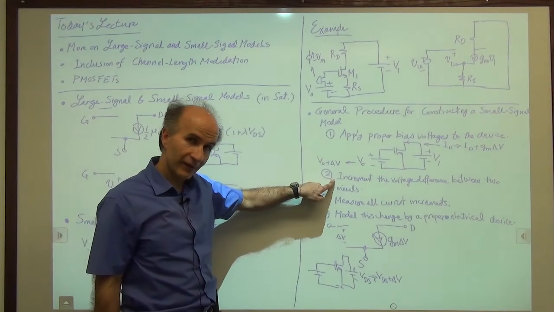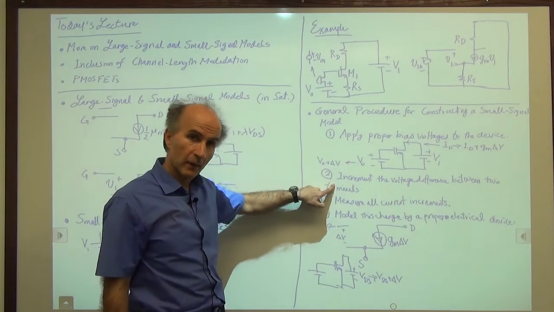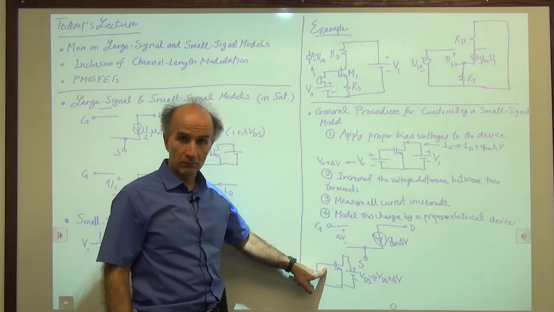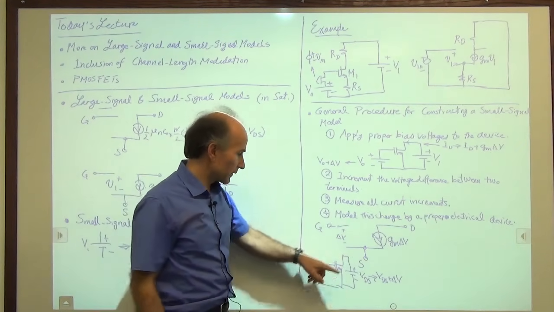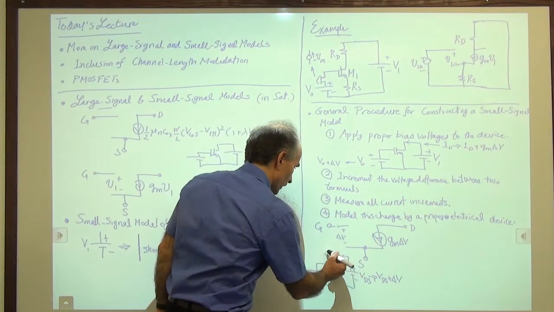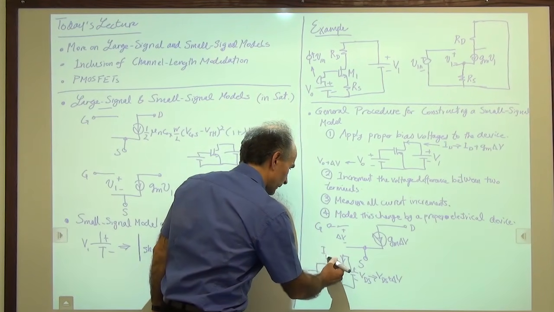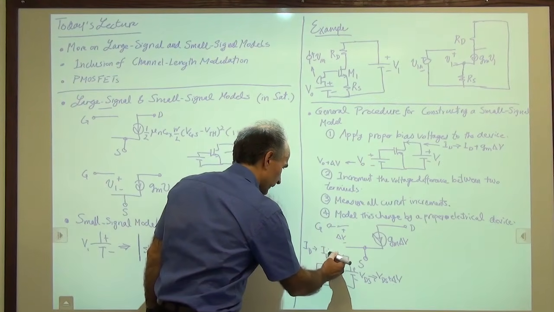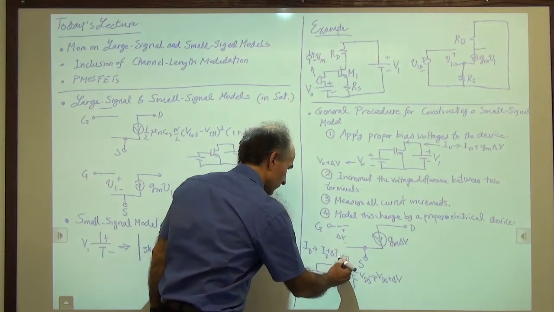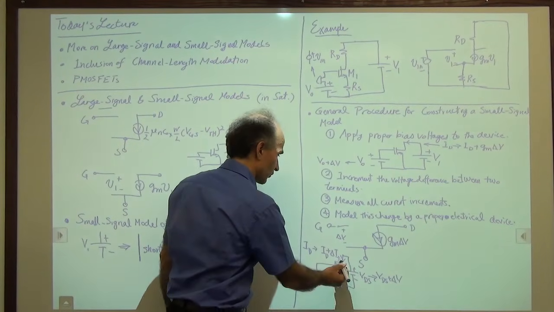And now I need to measure the change in all the currents. Well, again, the gate current doesn't change much. It's very small anyway. So we're really concerned with the drain current change. So that current goes from ID to ID plus delta ID, because we changed the drain source voltage.